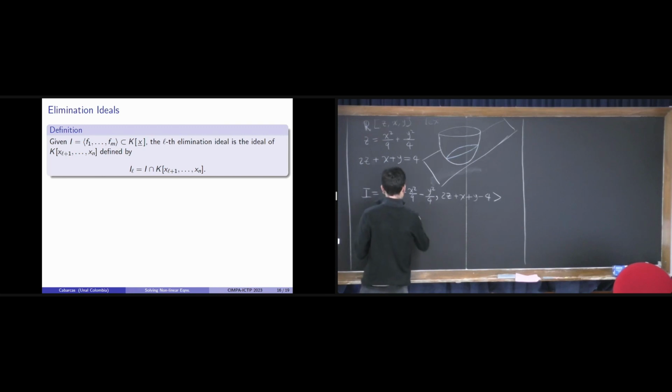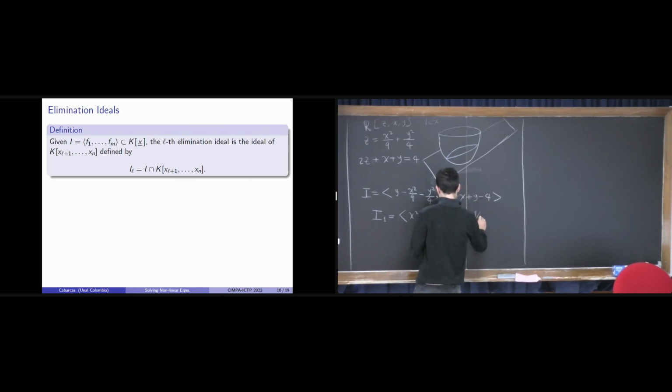We get x squared plus 9/2 of x plus 9/4 of y squared plus 9/2 of y minus 18.